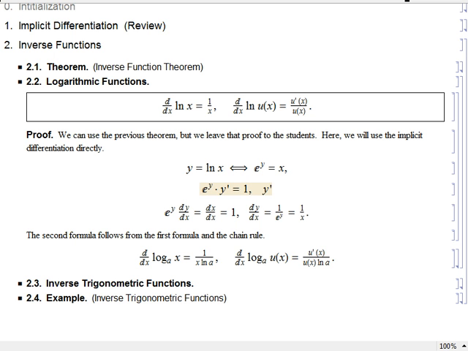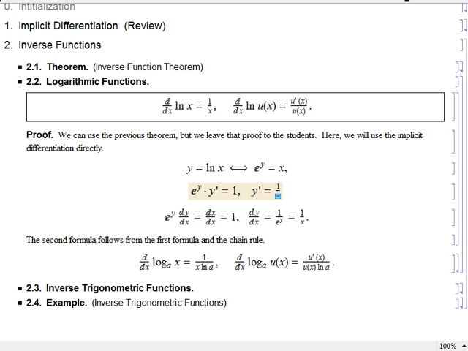So y prime is equal to 1 over e to the y power. And what is e to the y power, by the way? It's x. So you can deduce it like this. So the derivative formula for the logarithmic function is 1 over x. However, this dy dx notation is more widely accepted as far as implicit differentiation and inverse functions are concerned.